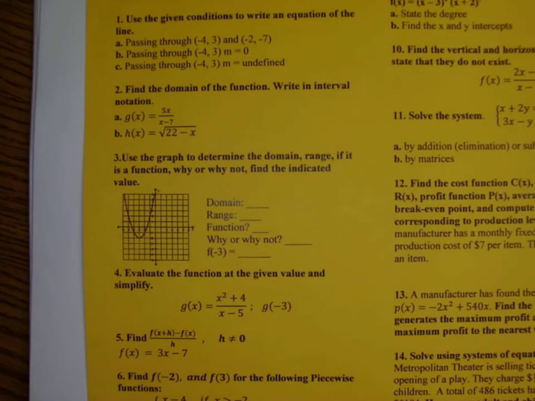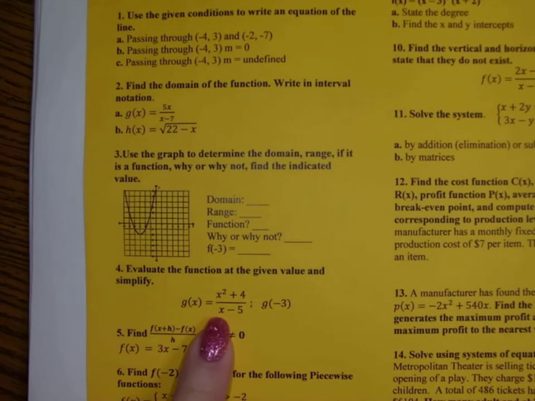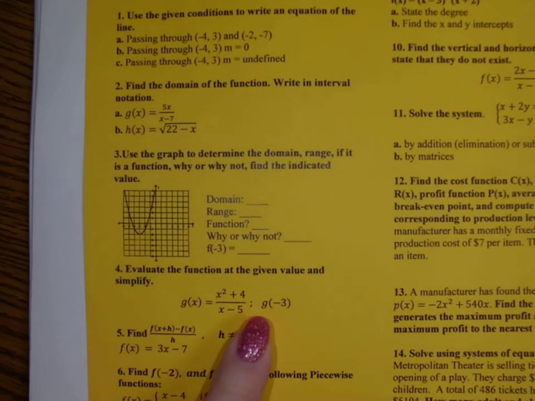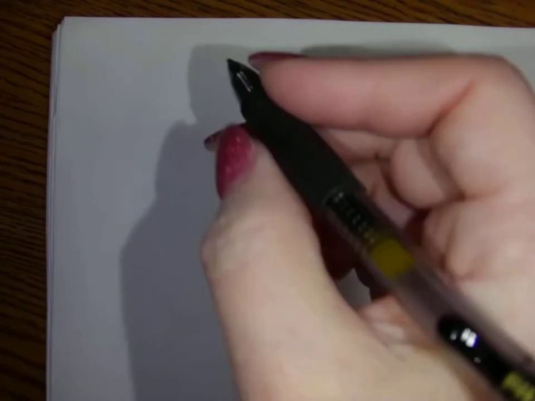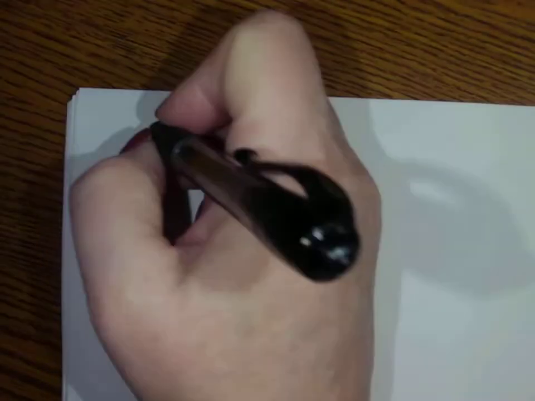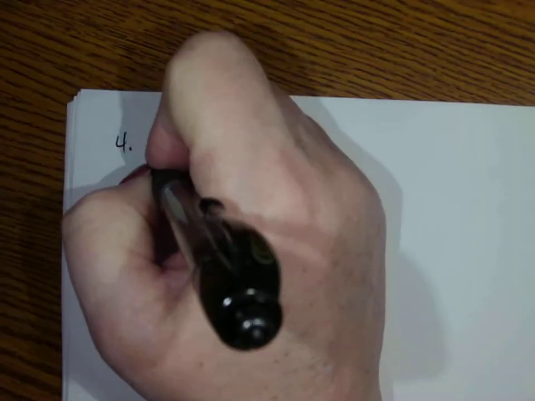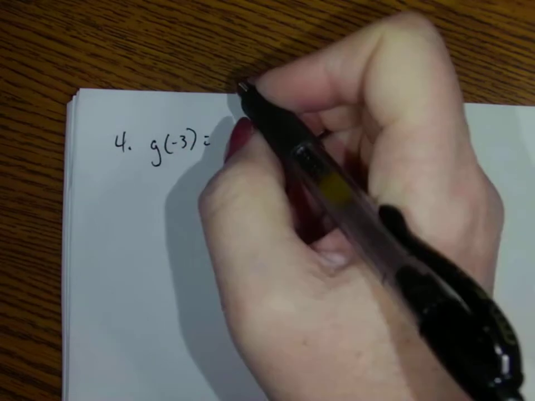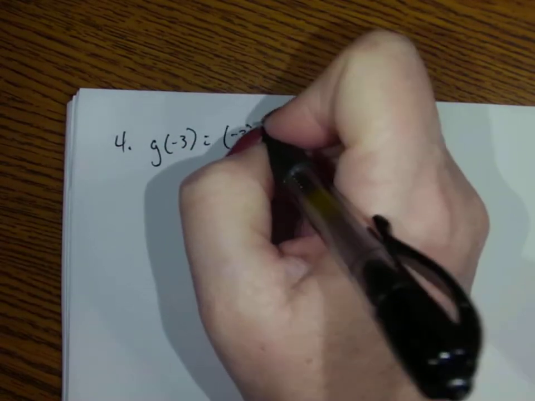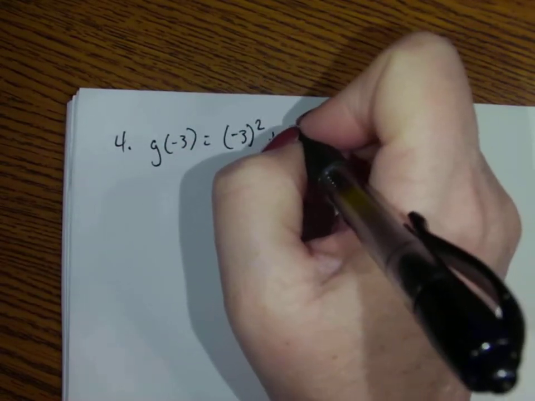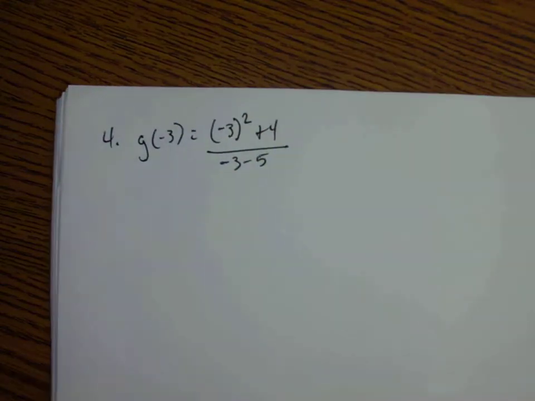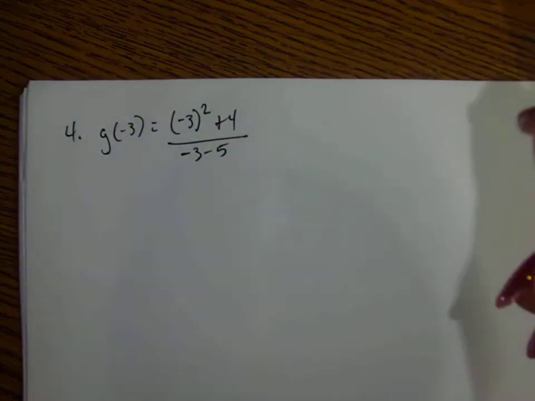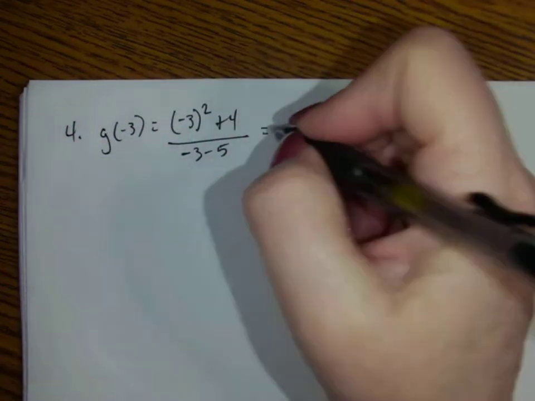All right, number 4. Evaluate the function at the given value and simplify. So we're plugging in -3 into our function. So g at -3 will be equal to -3 squared plus 4 over -3 minus 5. So I'm just plugging in the value of -3 wherever the x was.